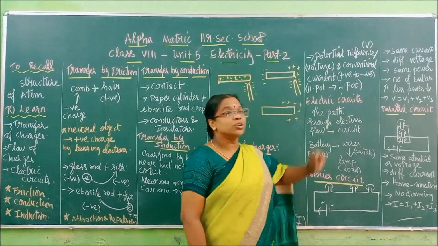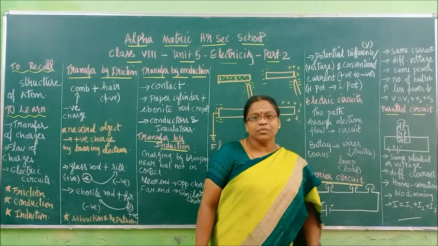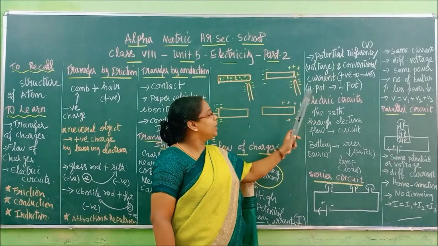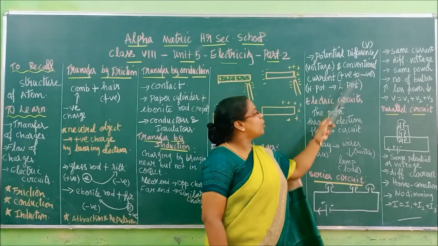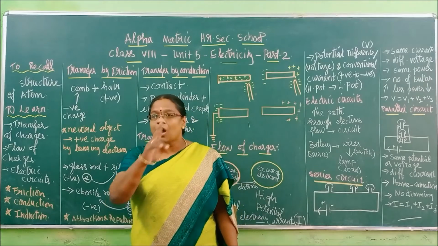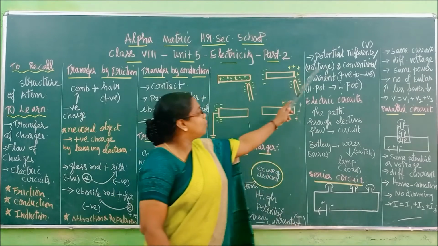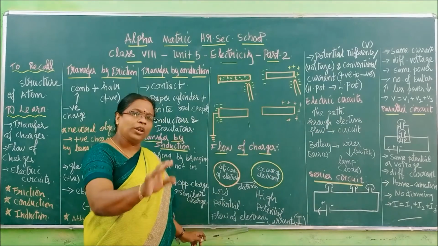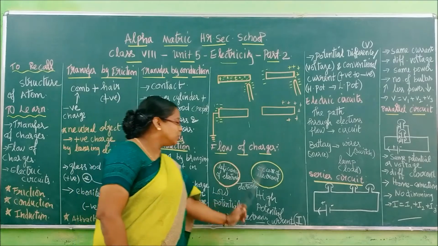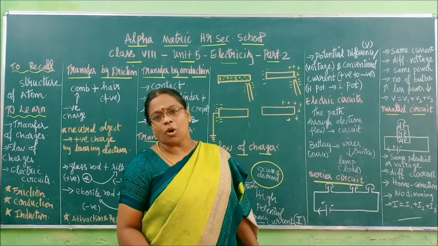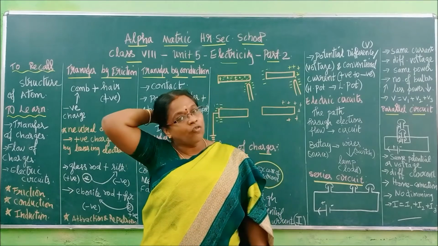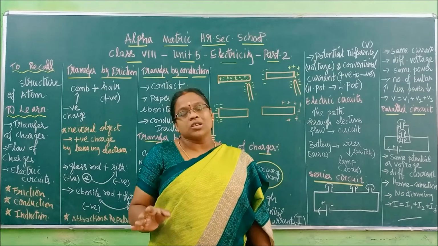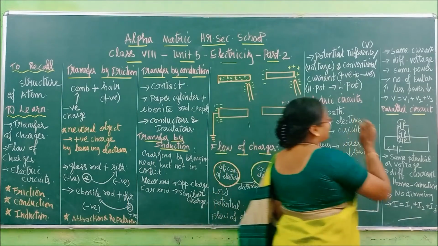Positive is always considered higher potential, and negative is always considered lower potential. So conventional current flows from higher potential to lower potential, while the practical flow of electrons goes from lower potential to higher potential. Remember this, very important.